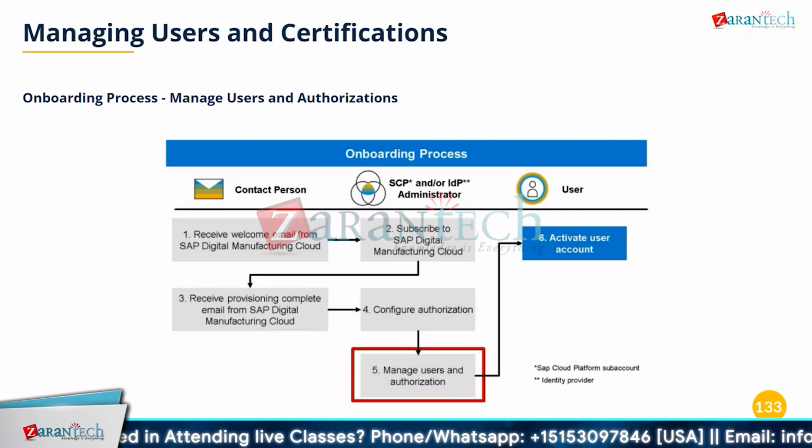So there are two options they have provided. Either you can go with this SAP provided identity provider, or you can have your own identity provider as well, for authentication and all. One I know is Okta. There are a lot of others actually. So you can use your own third party application for authentication purposes.